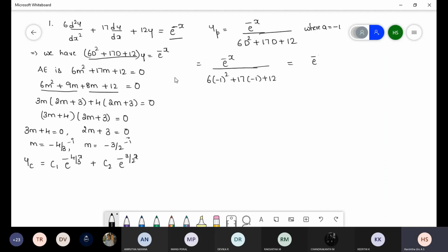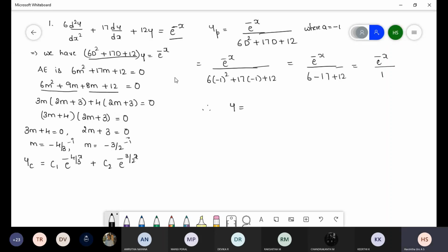So e power minus x divided by, minus 1 whole square is plus 1, so 6 minus 17 plus 12. So here we get e power minus x, 18 minus 17 is 1.